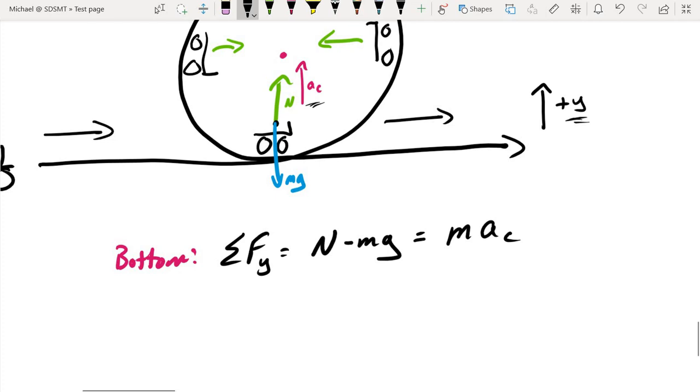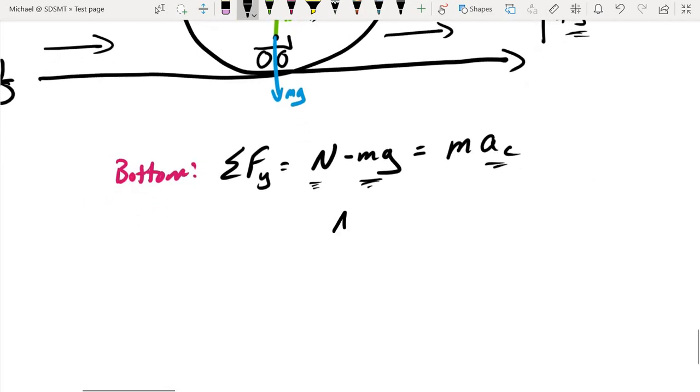And so it's not just the normal force, but it's a combination of the normal force and the weight that are causing the centripetal acceleration. So let's get a value for the normal force. I would have to add the weight over to the other side, and so we would have mg plus a_c.